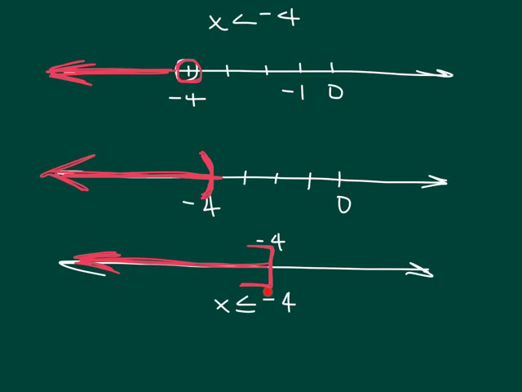So the box means that we're including, the parenthesis means that we're not including. That's all those two symbols represent. Okay, so in fact, let's go back. So this other method is called interval notation. Interval notation.